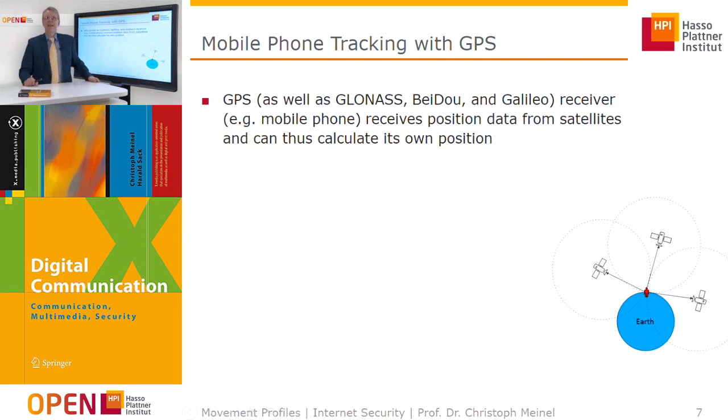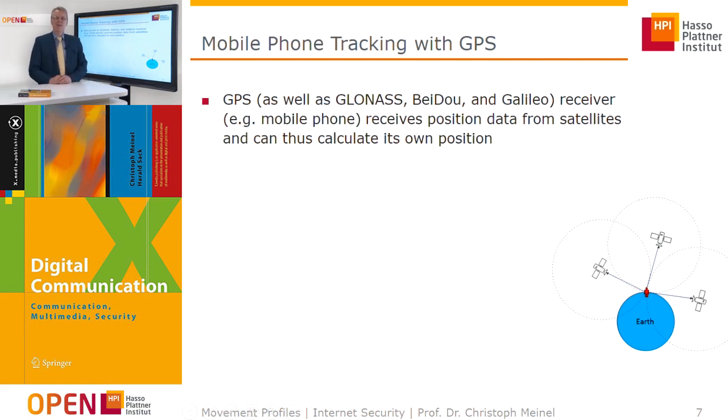GPS is another possibility to get location data, as well as GLONASS, Baidu and Galileo. The receiver, here for example a mobile phone, receives position data from satellites and can thus calculate its own position. You know this from a car.